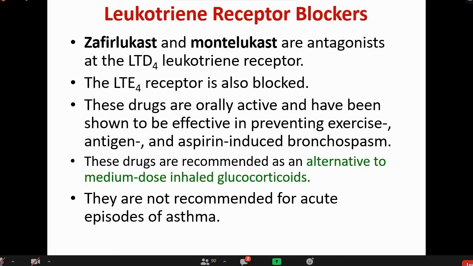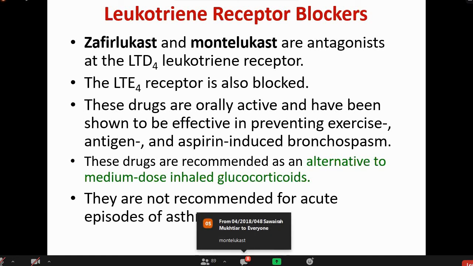These are the two preparations available, and they block the leukotriene receptor. Which one is being used clinically nowadays, commonly?